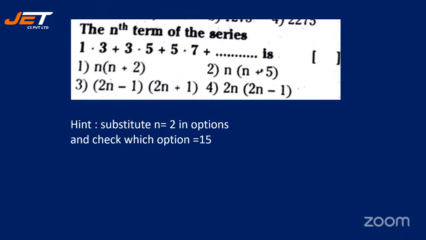Why 2? Because it is n into n plus 2, the nth term of the series. If you check, you will get option 3 as the correct answer. So (2n minus 1) into (2n plus 1), that is (a minus b) into (a plus b).